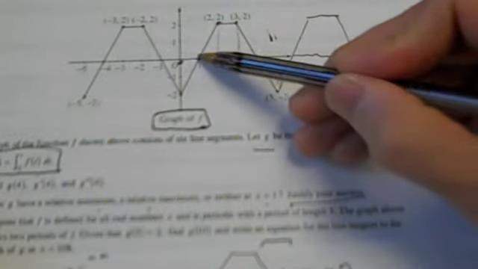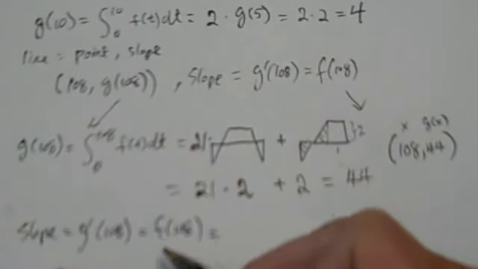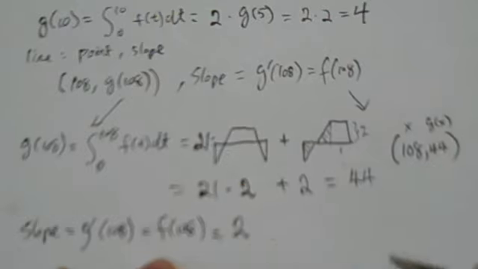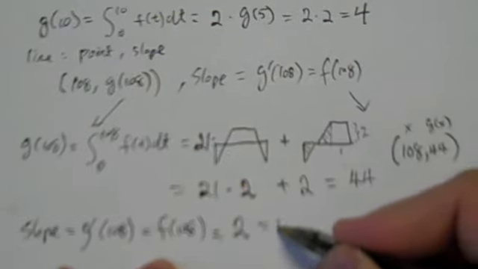It becomes 21 times we get 105, 106, 107, 108. 108 will take on the same y value as x equal to 3. So we get 2. So the answer for g prime of 108, which is f of 108, is equal to 2. So that's the slope.